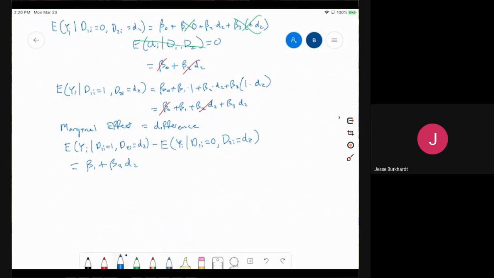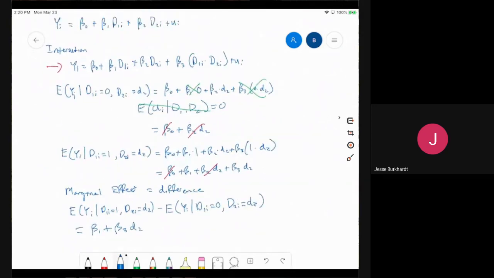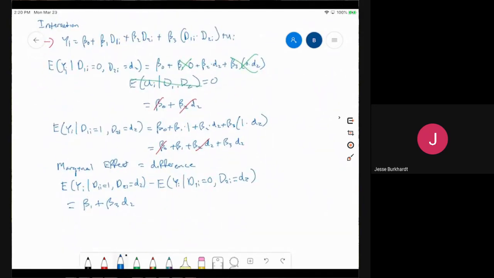It's the same marginal effect. So we could have just taken the derivative, but since we're dealing with dummy variables, we can't really take the derivative, so we have to take conditional expectations, but in essence, it's the same thing. The marginal effect is going to be the coefficient on the variable of interest. In this case, the variable is d1.